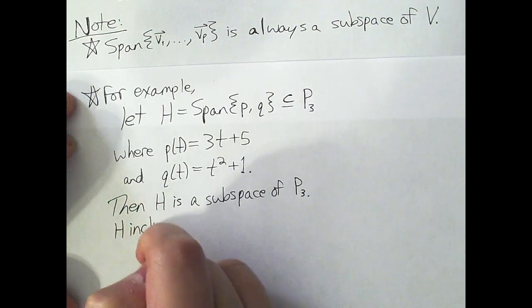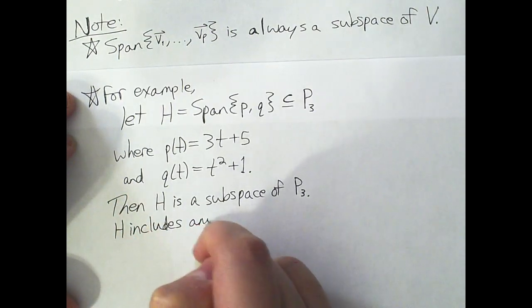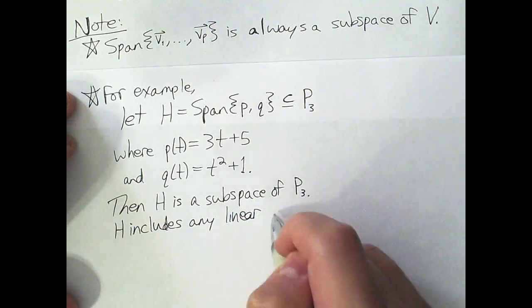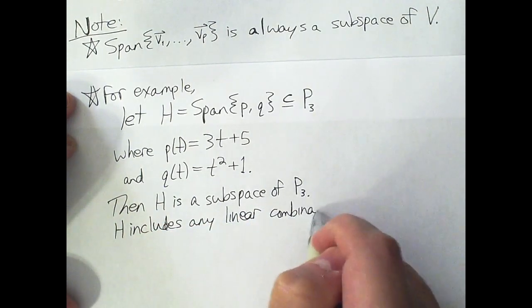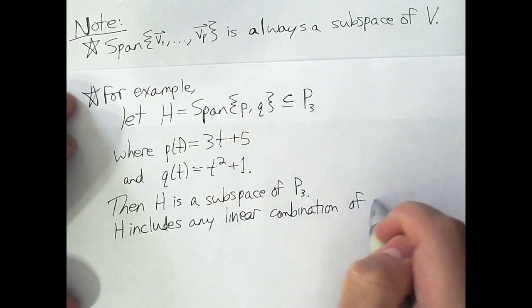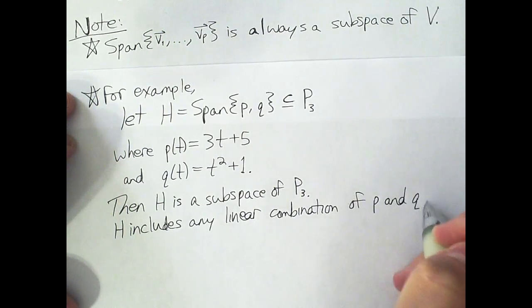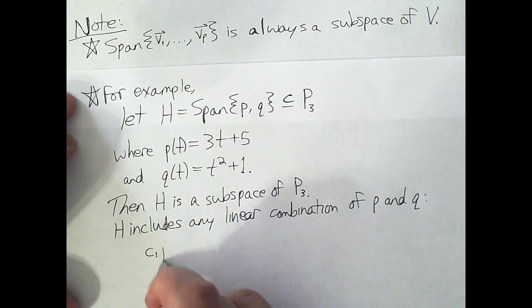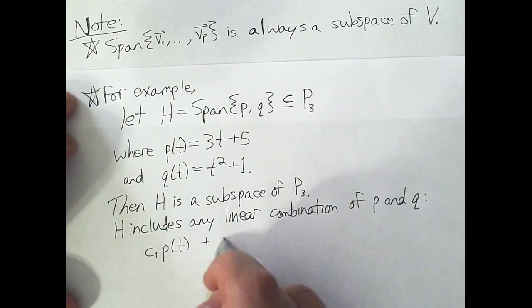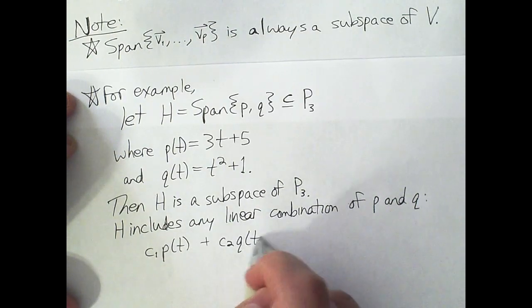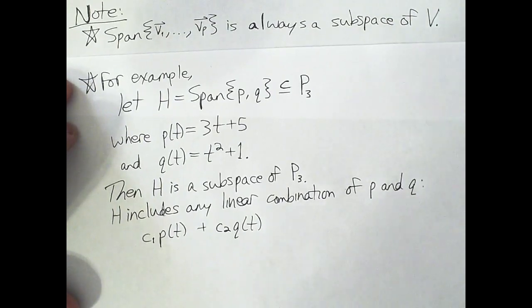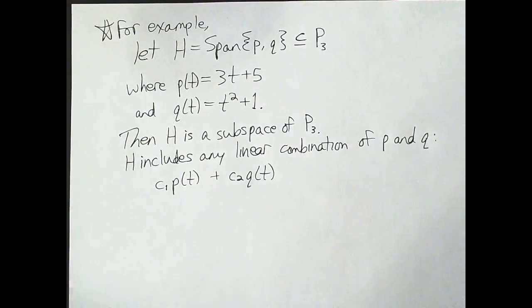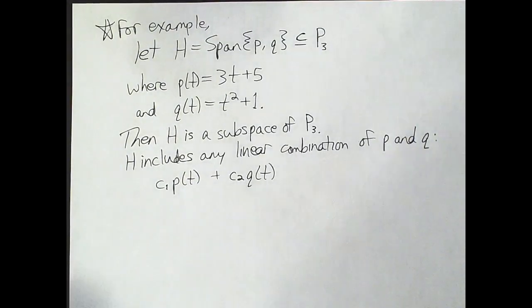H includes any linear combination of P and Q. And you could try out some linear combinations of P and Q, but in general, any one would look like C1P plus C2Q, where C1 and C2 are scalars.